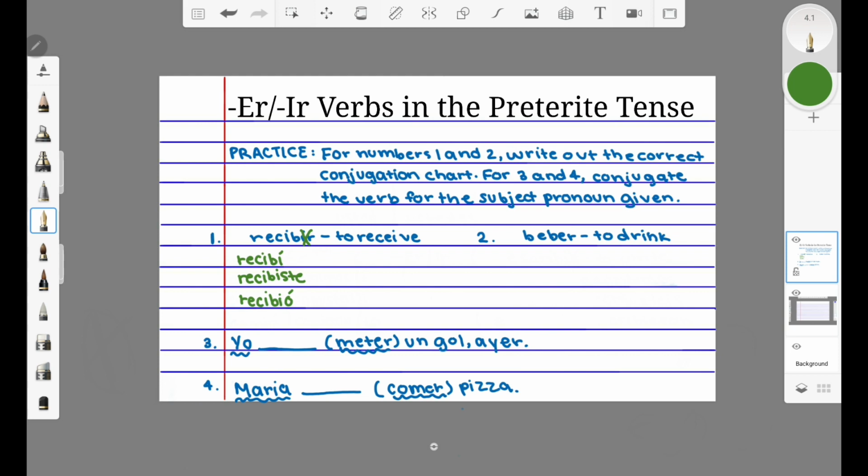Él, ella, usted recibió. Nosotros recibimos. Vosotros recibisteis. Ellos, ellas, ustedes recibieron.